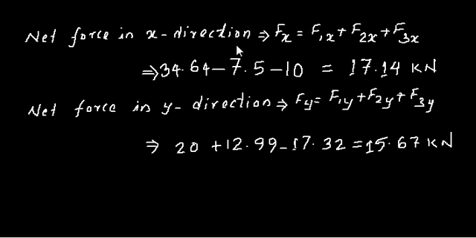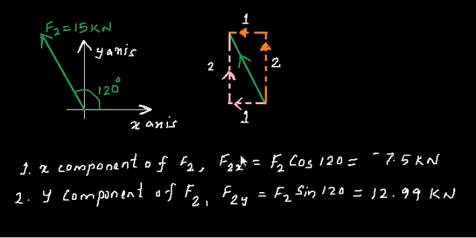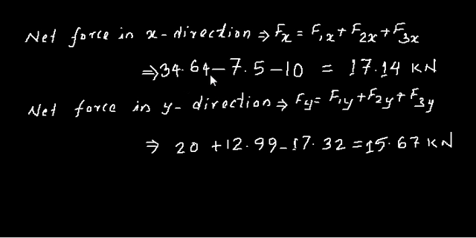So the net force in the x direction is Fx equals F1x plus F2x plus F3x. We have already calculated F1x as 34.64, F2x as minus 7.5 and F3x as minus 10. So the net force along the x-axis is 34.64 minus 7.5 minus 10, that is 17.14 kilonewton.